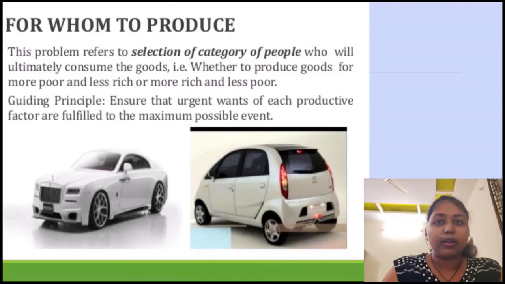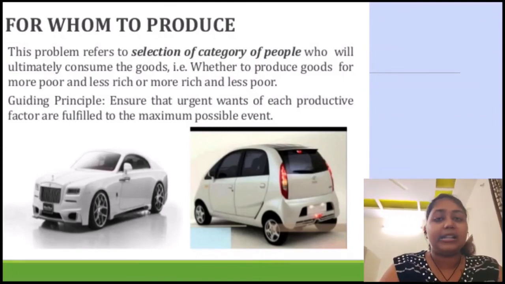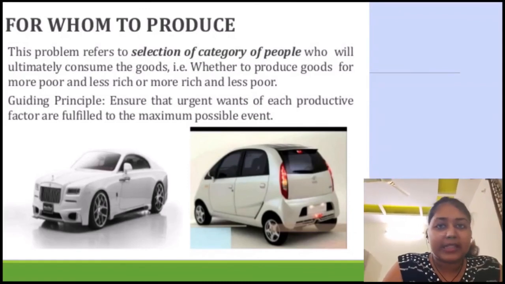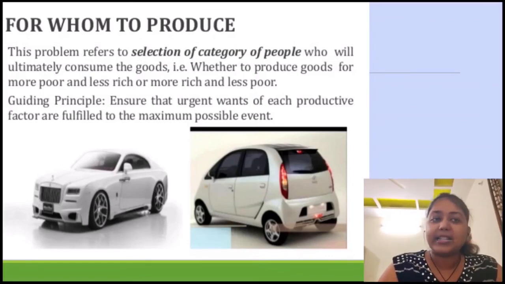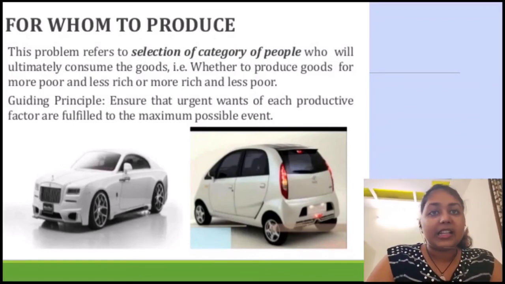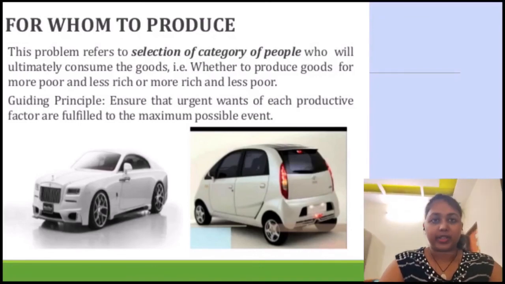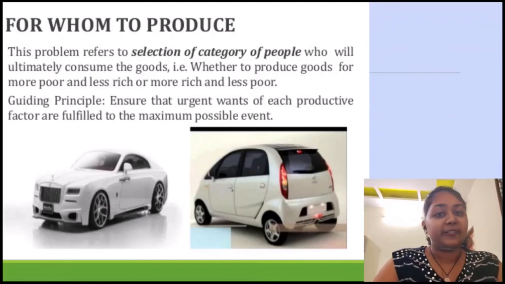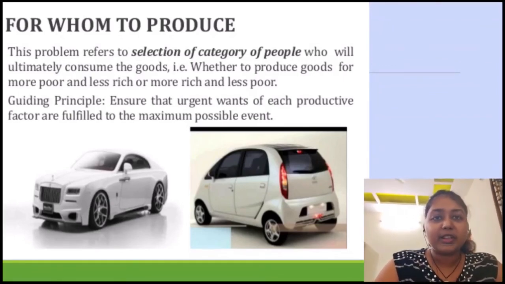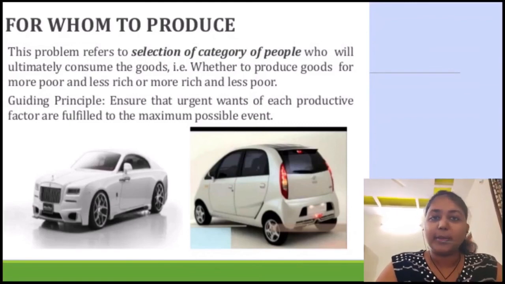But talking about a Rolls Royce or diamonds or anything else that is an ultra luxury item, obviously the people who are going to buy this are very few in quantity. So that's our third question, for whom to produce. These are the three main central problems which an economy usually faces. To cater to all these, it's necessary to start by solving the first problem itself, and then you'll find the answer for all the things.